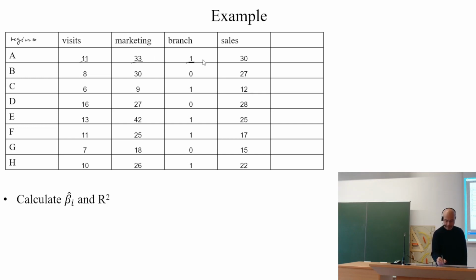And in this region, we have a store, and this implied then a sales volume of 30. And in region B, we had 8 visits. There we spent 30,000 euros for marketing, but there we didn't have a branch. But since maybe we make a good marketing, and therefore also in this city, maybe also via a web page or something else, we had a sales volume of 27. So all this is our data.